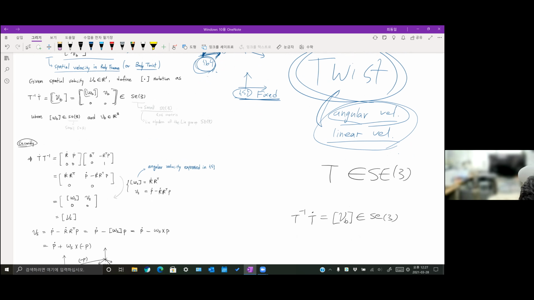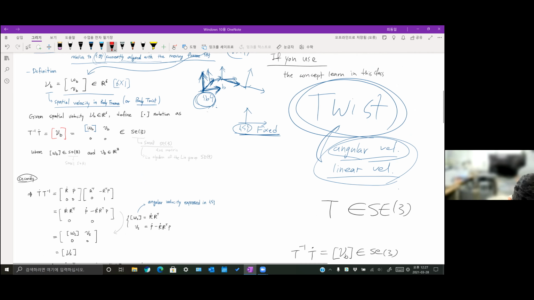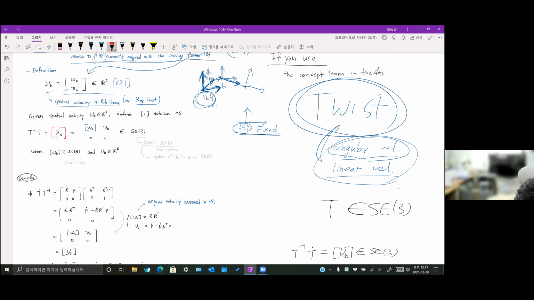Actually, how about using color? This bracket means skew symmetric. This bracket means skew symmetric, and this red bracket applies to omega b, Vb.